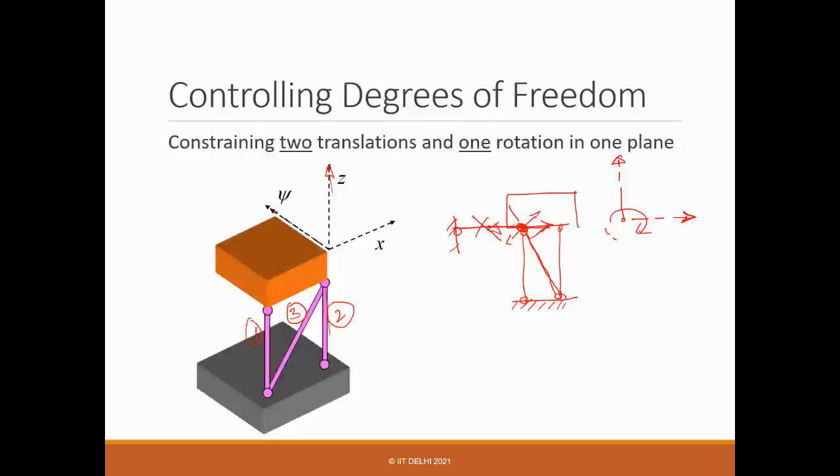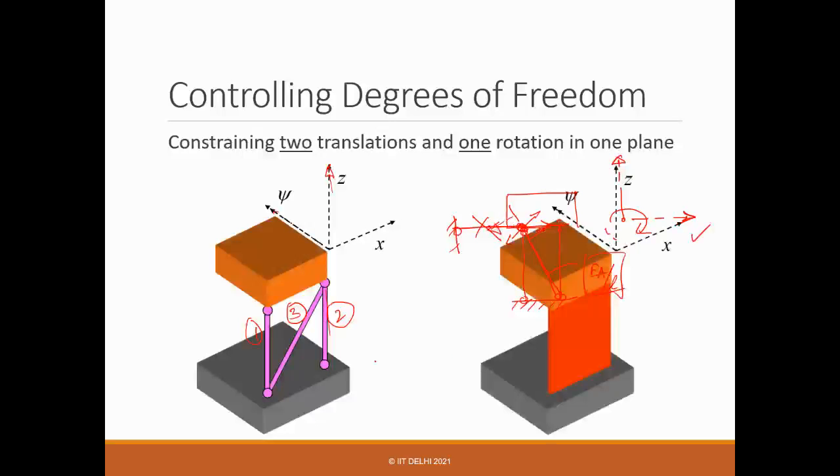If you are doing this one, then it will elongate. But the stiffness is very high, A by L, right? So it's a stiff direction. So it will also constrain this part.